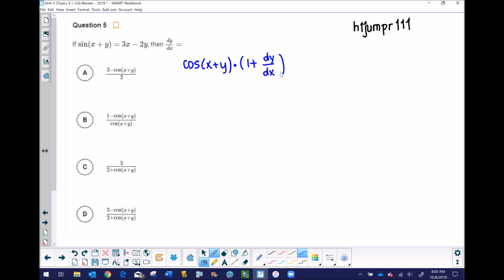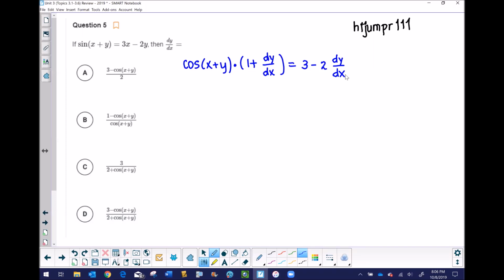Does everybody feel pretty comfortable with that part? Right, cosine quantity x plus y, and then times 1 plus dy over dx. Because the right side is the piece of cake. The derivative of 3x is 3, and the derivative of negative 2y is negative 2 dy over dx.